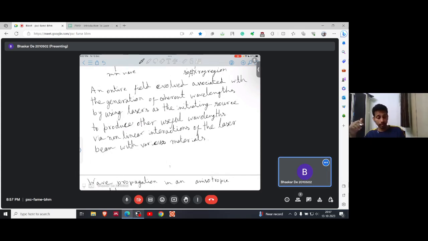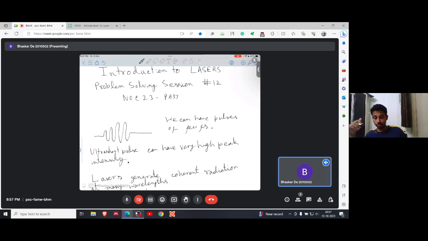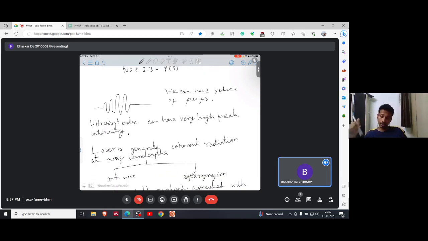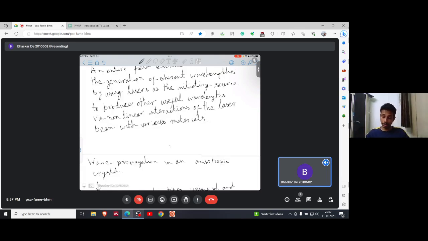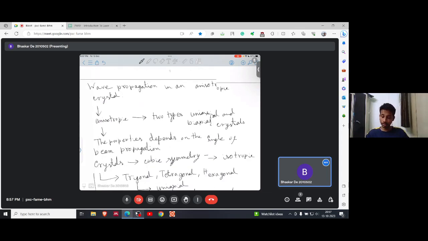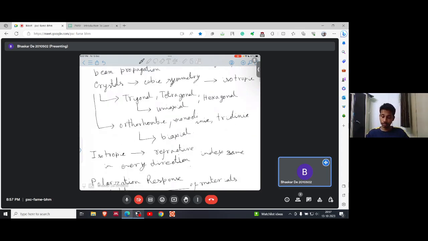As we know about mode locking, it can generate a femtosecond pulse, which gives you a peak power at terawatt or gigawatt. When this intense pulse is used in a material, the material gives us nonlinear effects, and that depends on the anisotropy of the material.